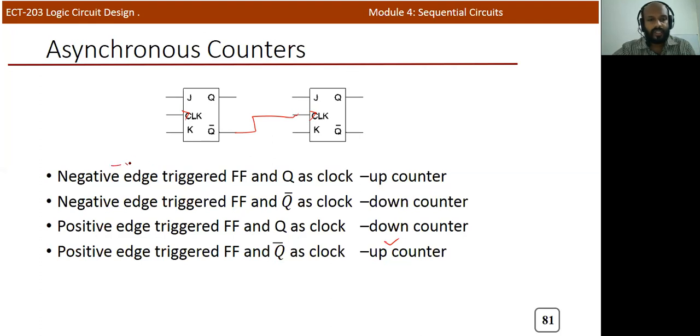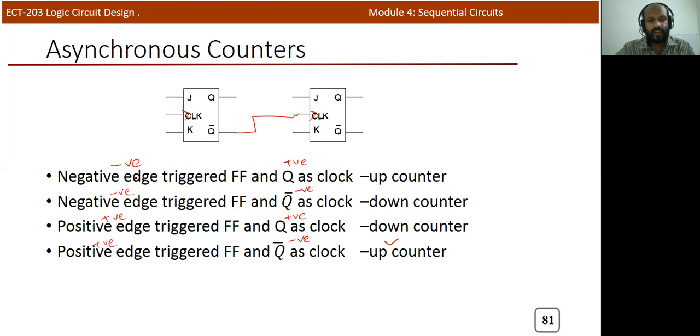So here you can see that if this is a negative edge trigger and Q is positive, and here it is negative and Q bar we can consider as negative. Now here it is positive and Q we can consider as positive. So here it is positive, this Q bar, so we can consider as negative.